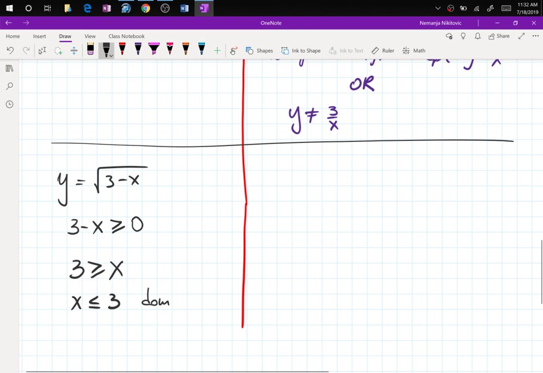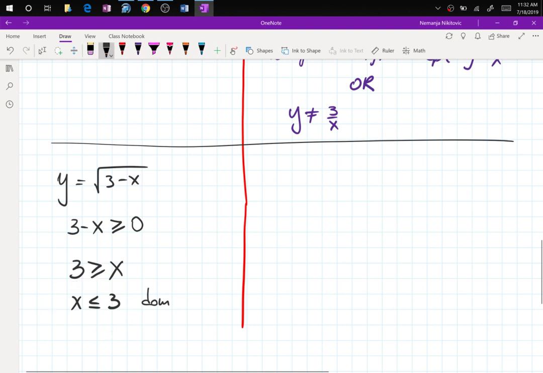Do you want to pick negative 1? Sure. 3 minus negative 1 is 3 plus 1, which is 4, square root of 4 is 2. Can you plug in 10? No, because 3 minus 10 is negative 7. But 10 is not smaller than 3, so we know it's not in the domain.